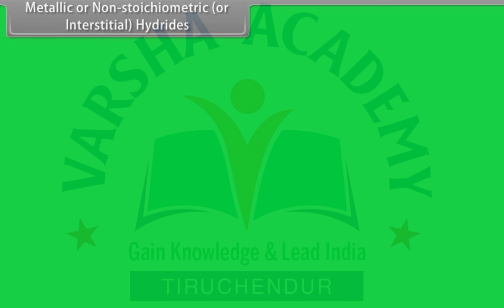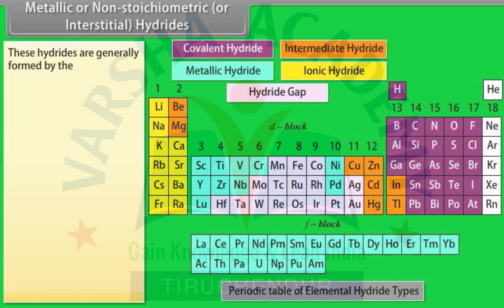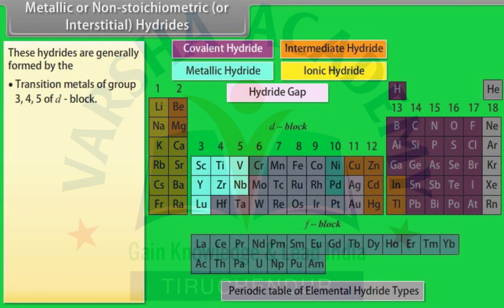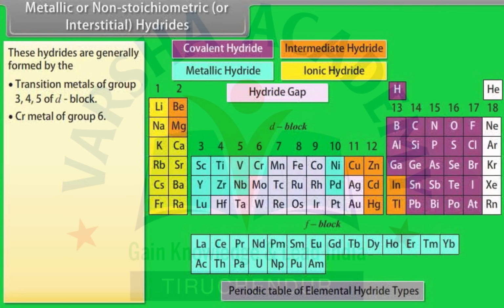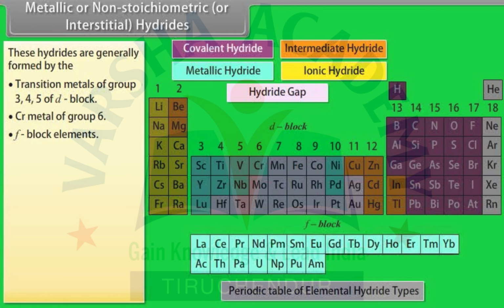Metallic or non-stoichiometric or interstitial hydrides. These hydrides are generally formed by the transition metals of group 3, 4, 5 of the d-block, Cr metal of group 6, and f-block metals.